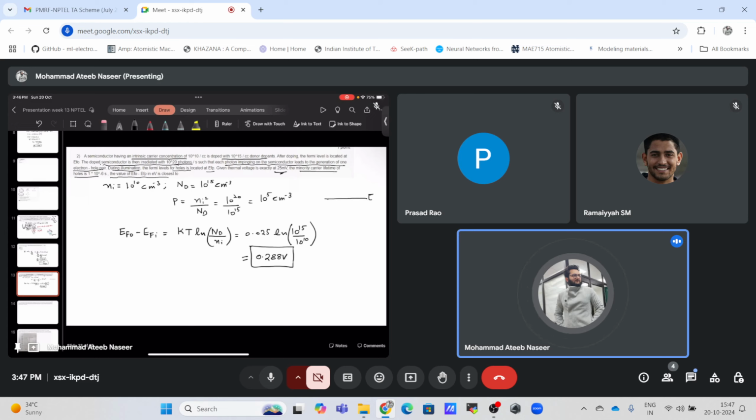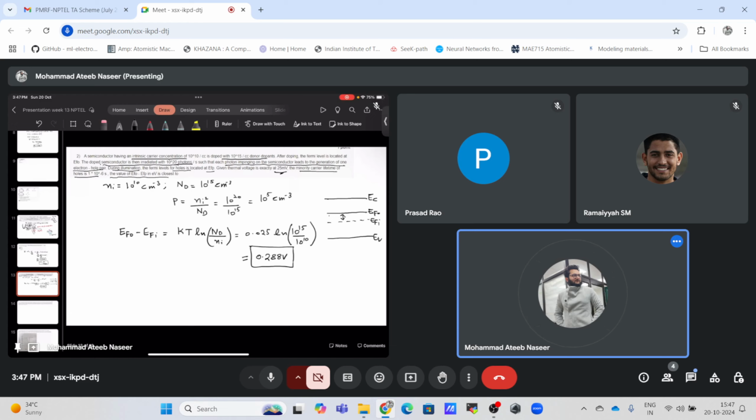Let me show you what it looks like. Since it is n-type and has been doped with 10 to the power of 15, EF0 will lie above the EFI. That's what we have to draw, and this will be our EV. This is what we have found out.